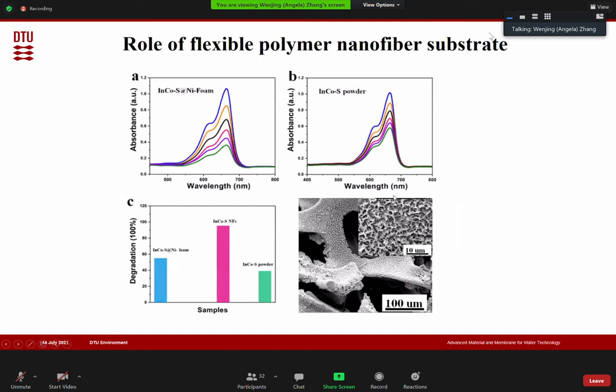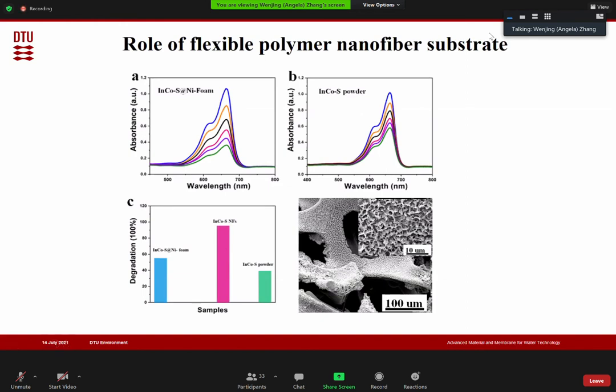The other thing we found is that flexibility plays a role in this degradation process as well. To prove that, we synthesized exactly the same piezo catalyst, the indium cobalt sulfide, on different substrates. For instance, this is a nickel foam, and it's rigid. Compared with the nanofibers, it doesn't have any flexibility. We also used this catalyst as a powder and put it in the water.